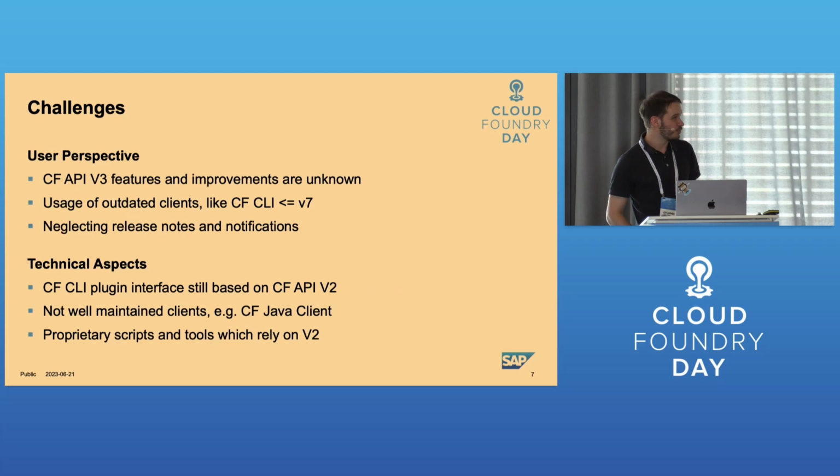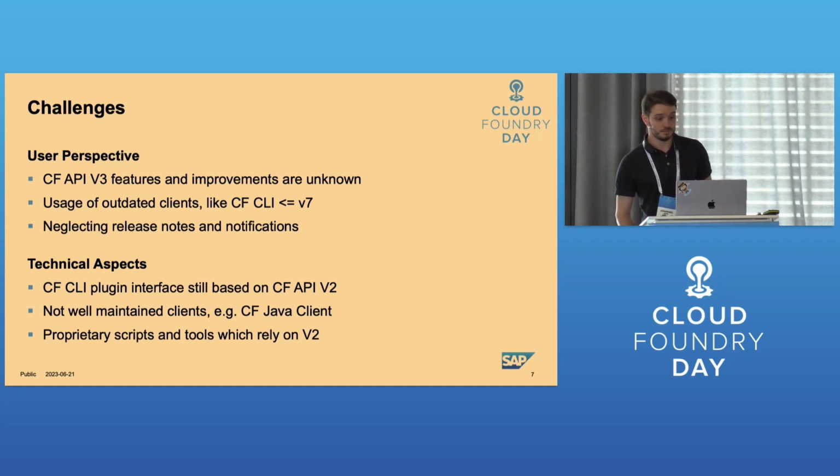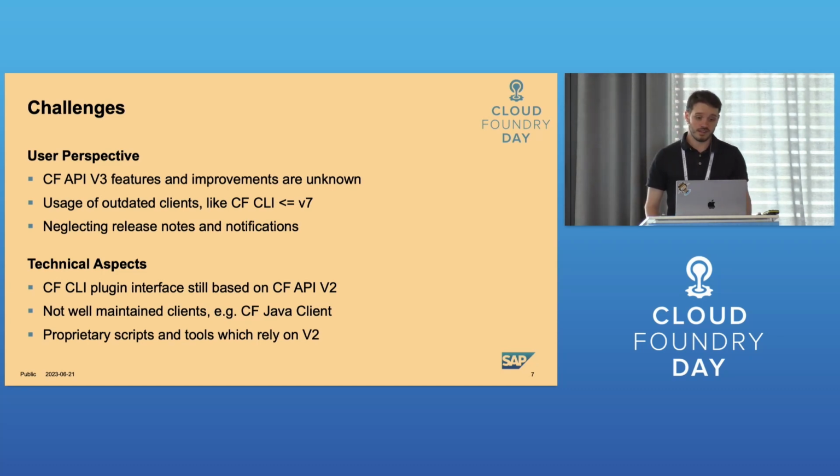Well, unfortunately, in reality, there are some challenges we need to consider. So let's first take a look at the users' perspective. We often see that the v3 features and improvements are not known to customers. So we still see users using blue-green deployment plugins, etc. Related to that, we often see the usage of outdated clients.